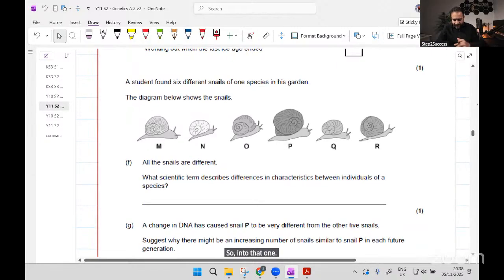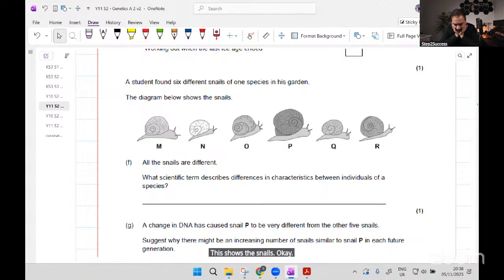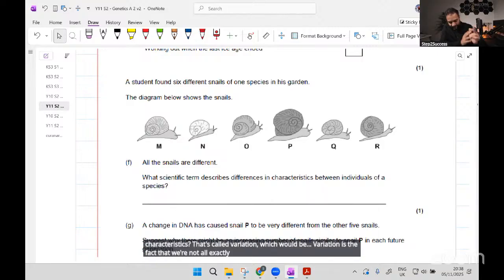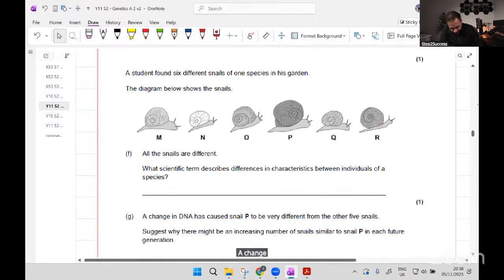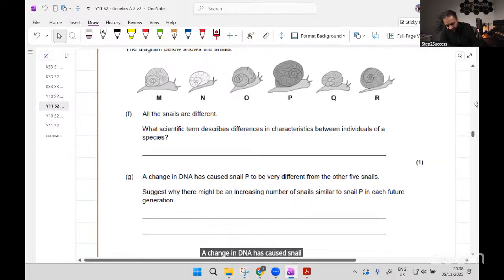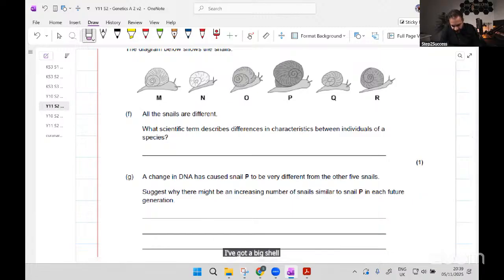Right, a student found 6 different snails of one species in his garden. This shows the snails. All of them are different. Which scientific term describes differences in characteristics? That's called variation. Variation is the fact that we're not all exactly the same. A change in DNA has caused snail P to be very different. It's got a big shell. Suggest why there might be an increasing number of snails similar to snail P in each future generation.